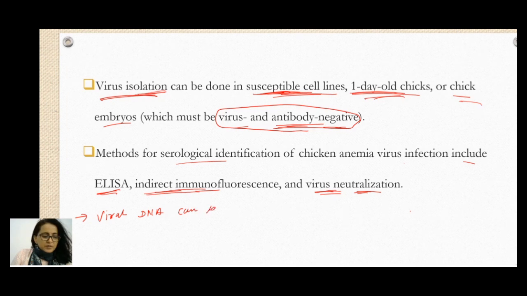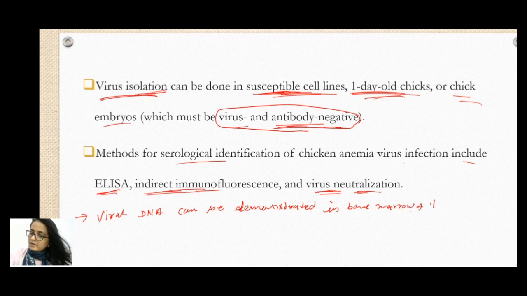Viral DNA can be demonstrated in bone marrow and thymus. And we can also use the dot blot technique or in situ hybridization.